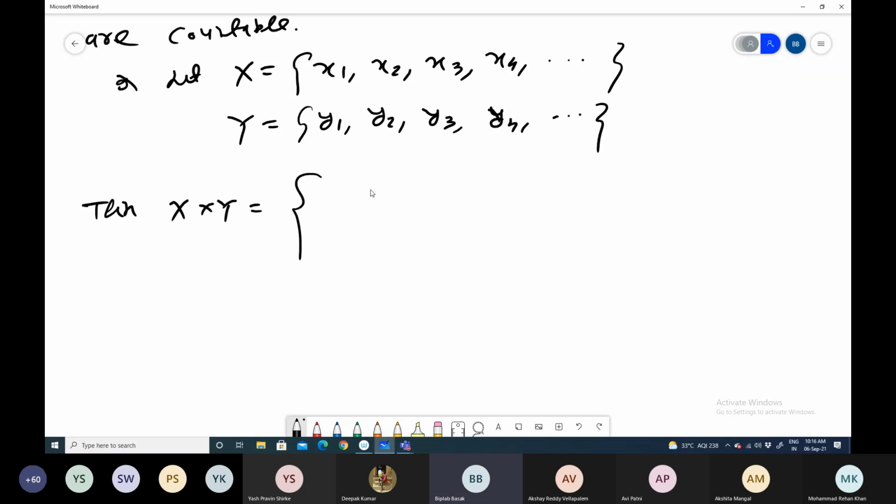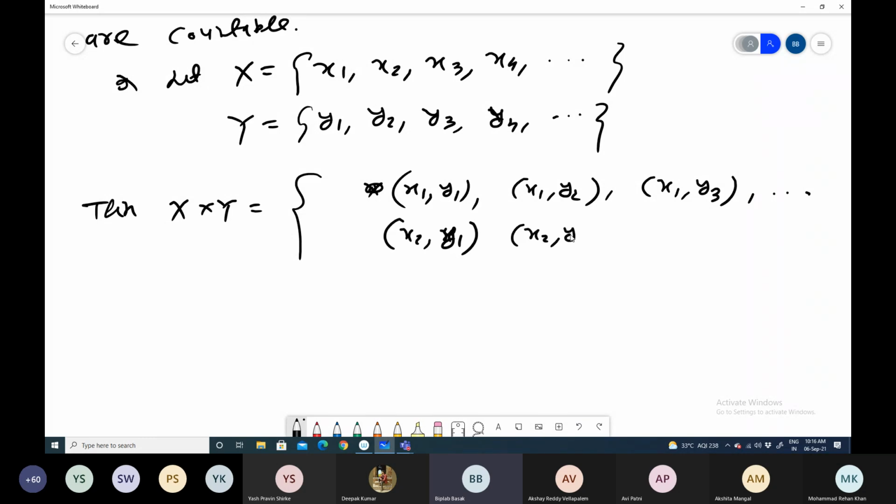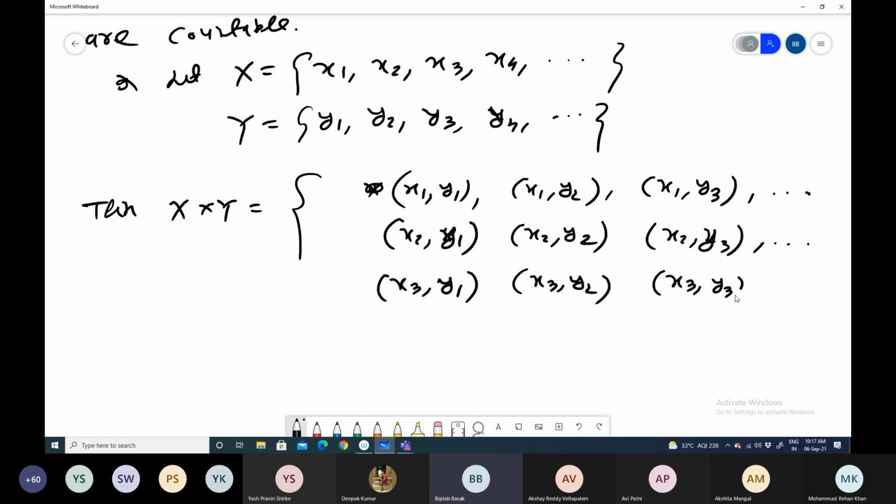X cross y is that set: x1, y1, x1, y2, x1, y3, then x2, y1, x2, y2, x2, y3, then x3, y1, x3, y2, x3, y3, and so on, infinitely.